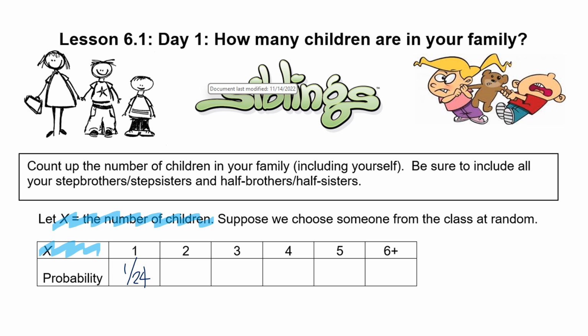I had 14 out of 24 say that they had a sibling. 5 out of 24 said that there were 3. 3 out of 24 said there was 4. 1 out of 24 said there was 5, and 0 out of 24 said that there was 6 or more. So that's 15, 20, 24. We're going to use this data here today to help us, since I'm not there to count up your actual siblings.